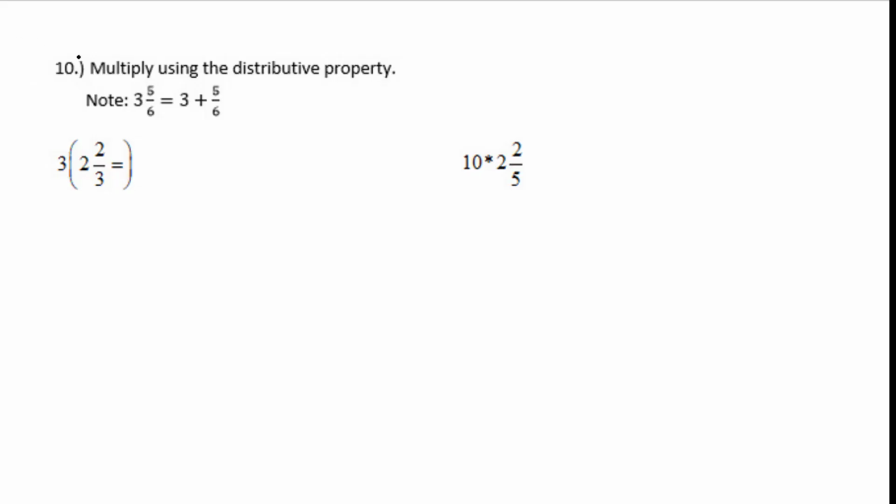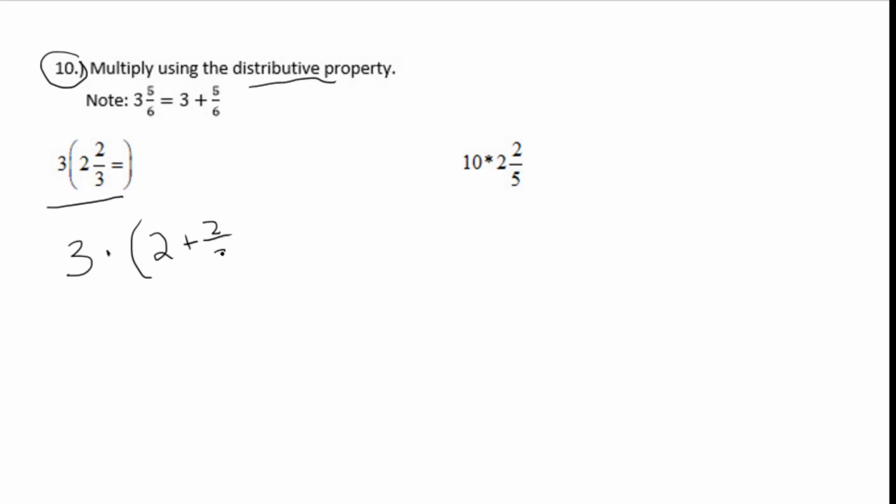All right, I just want to do a couple of these on problem 10. Students often have trouble with these kind of problems, just multiplying a whole number times a mixed number. So I could change this into a fraction, but I'm going to do it using the distributive property. Understanding that 2 2/3 is put together with addition, right?